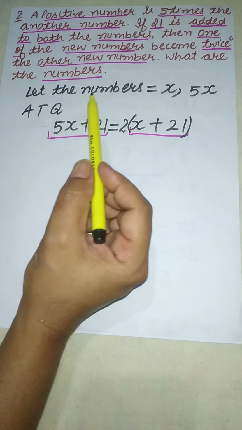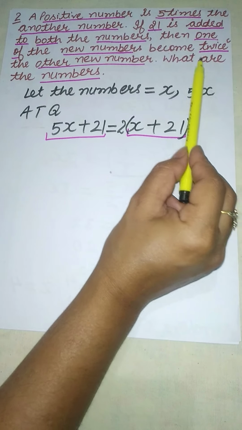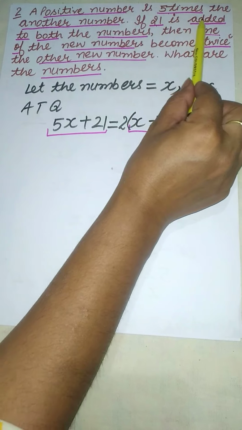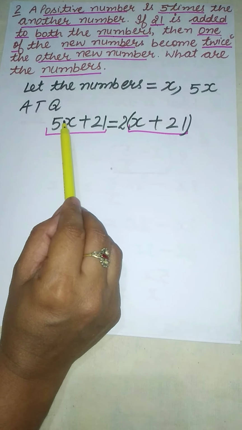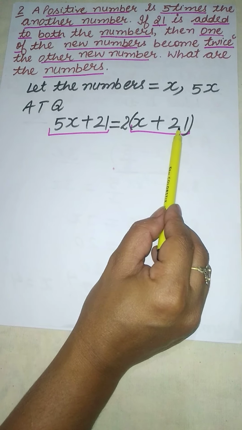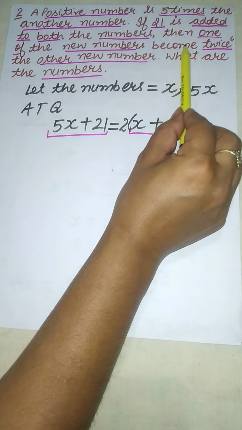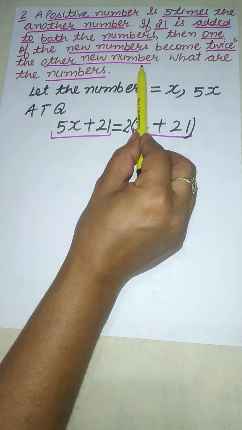Once again, the two numbers were x and 5x. The first condition is add 21 to both the numbers. We added 21 to both the numbers. Then the next condition is one of the new numbers becomes twice the other number.